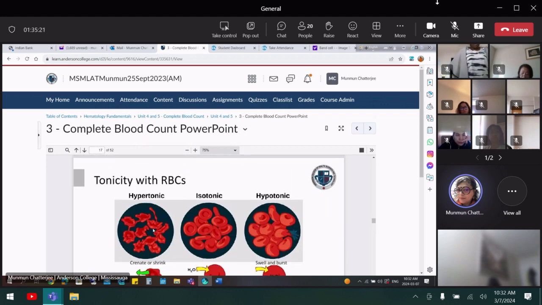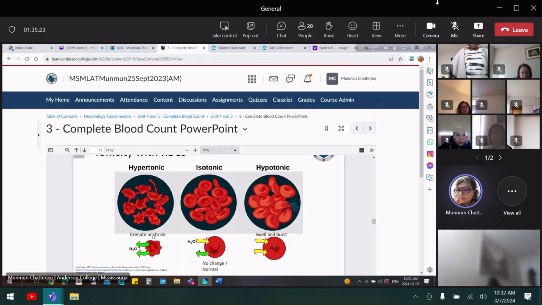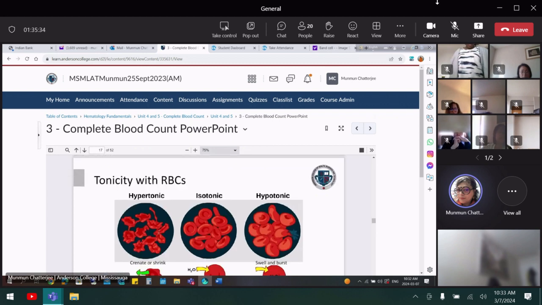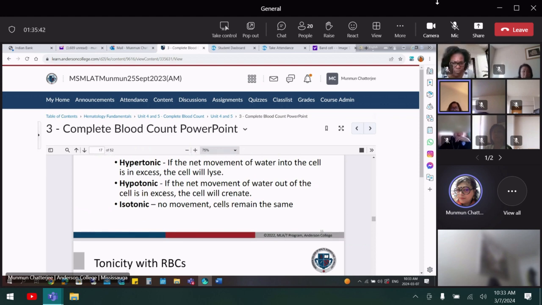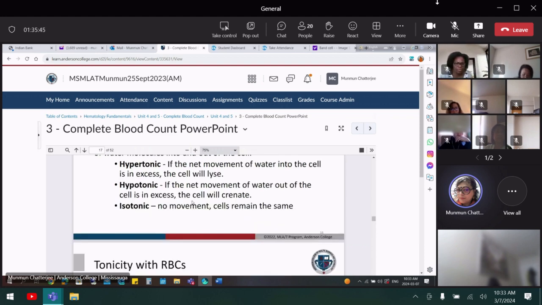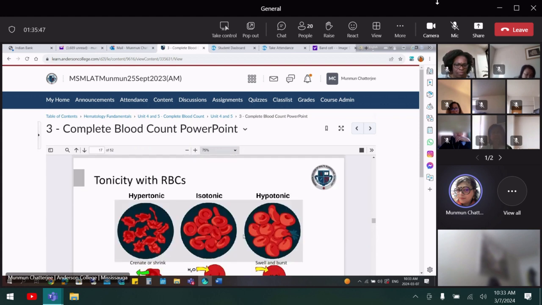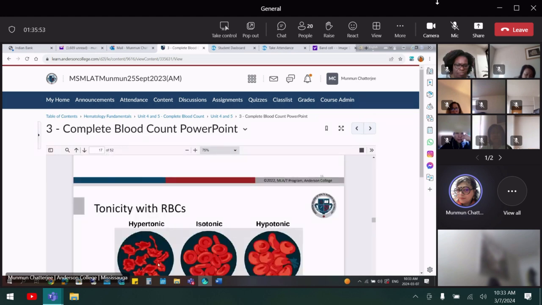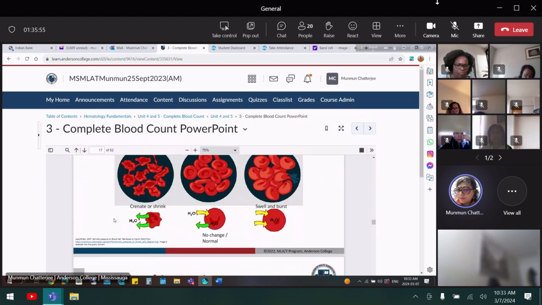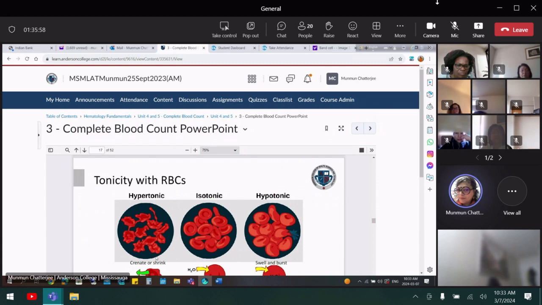Hypertonic means water is going from inside to outside. No, again they made a mistake. I think from inside to outside. See it? What is the difference? Hypotonic is movement of water out of the cell, so it's going to crenate. This one should be hypotonic. Water is going out from the cell to the outside.